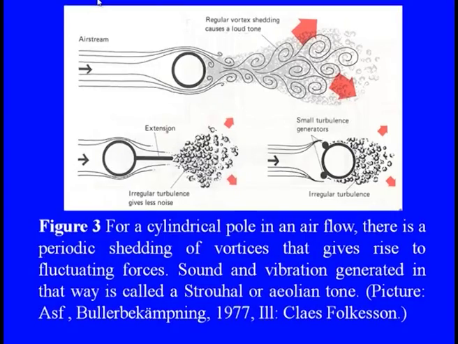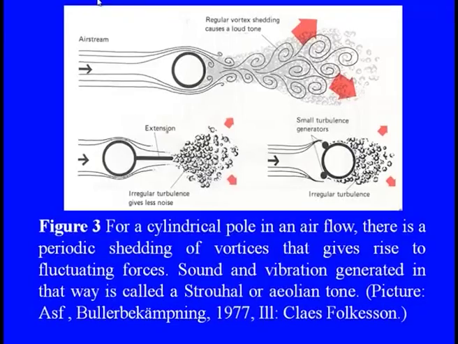By putting some extension at the exit region of the cylindrical pole, we can reduce the sound and vibration generation because of the streamlined sections being provided, or we can even put small turbulence generators, so that when the small energy interacts with the flow path, a clear variation occurs.